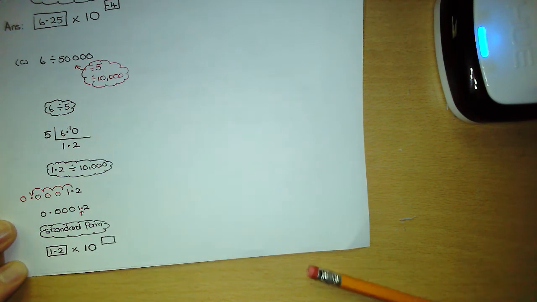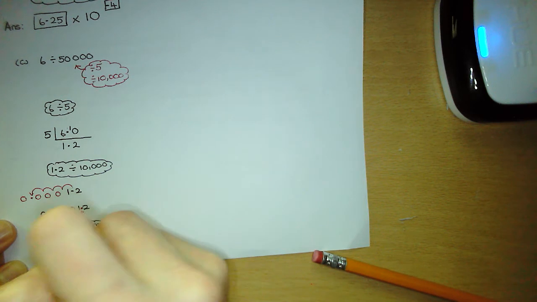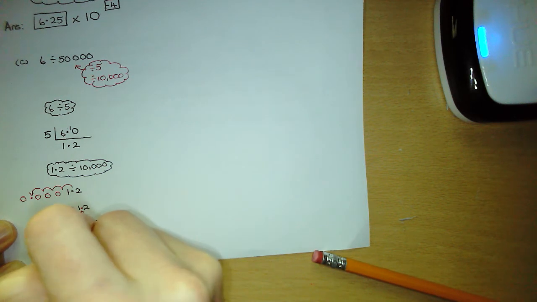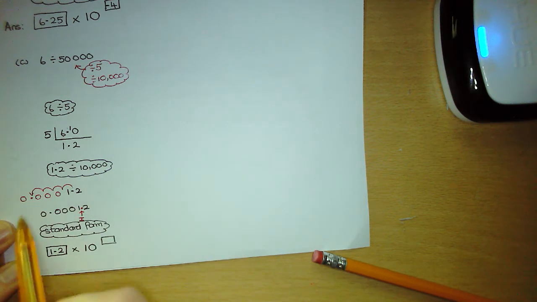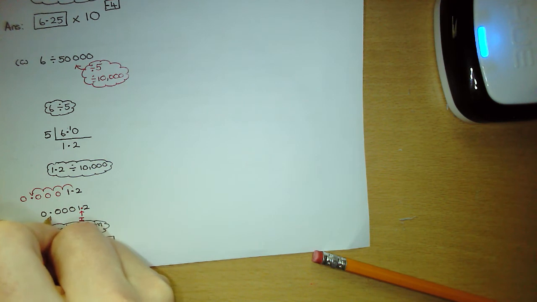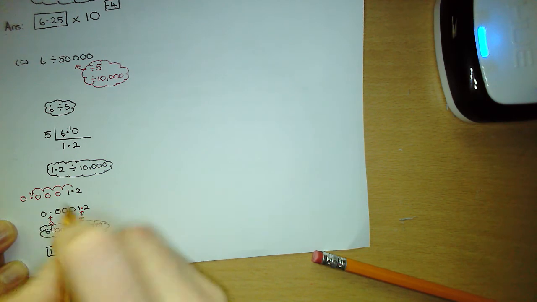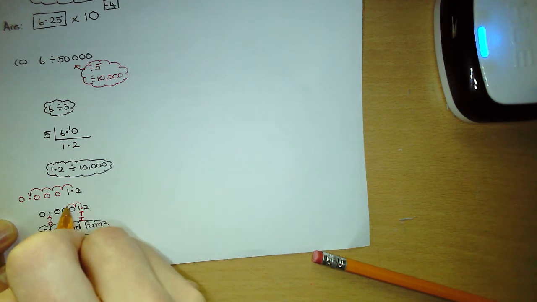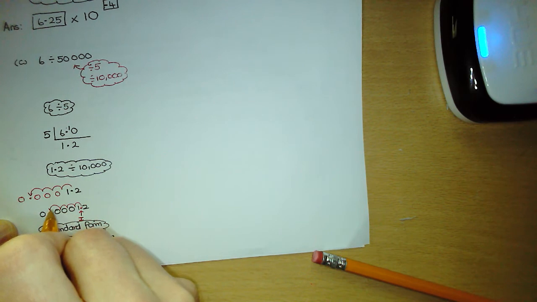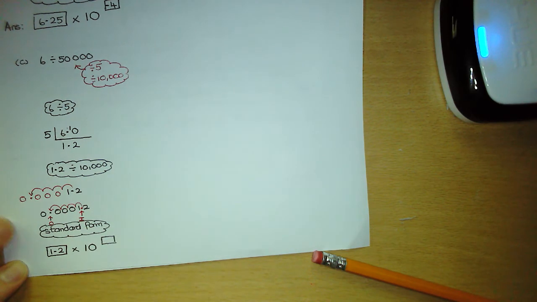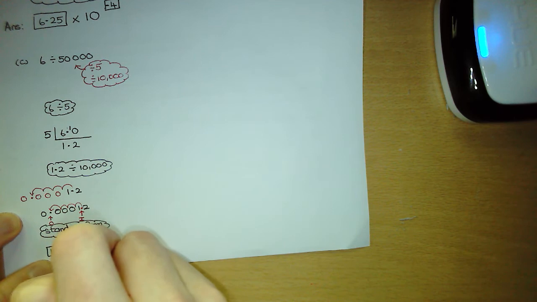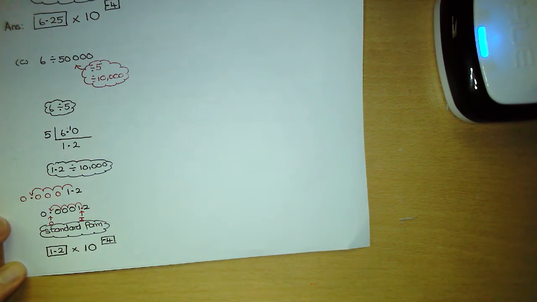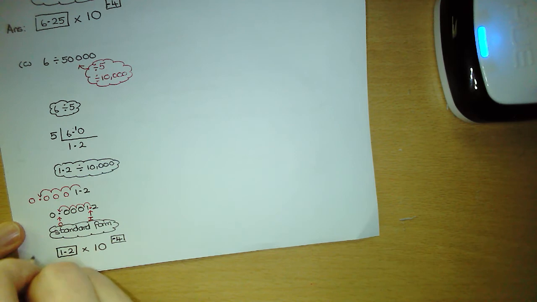So to get the power of 10, we're going to move from the inserted decimal point to where the original one is here. So we're going to have to move 1, 2, 3, 4 places, and we're moving 4 places to the left. So the power of 10 is going to be -4. Okay, so that's our answer then for part C.